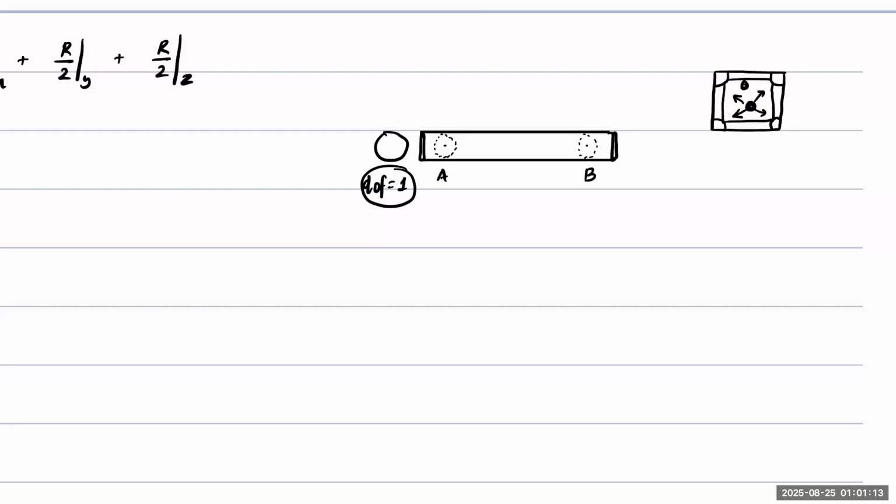It could be moving in many directions, but how many dimensions is it moving in? If this is the x-axis and y-axis, with the z-axis coming out of the plane, I can say it is moving between the x-axis and y-axis only, correct? So the minimum number of dimensions that you need to define where exactly the coin is, is two. So it is freely able to move in two dimensions. That is why the degree of freedom is 2.